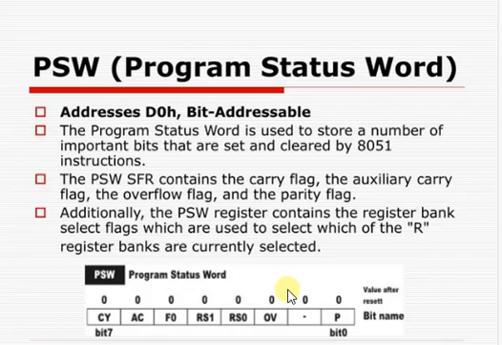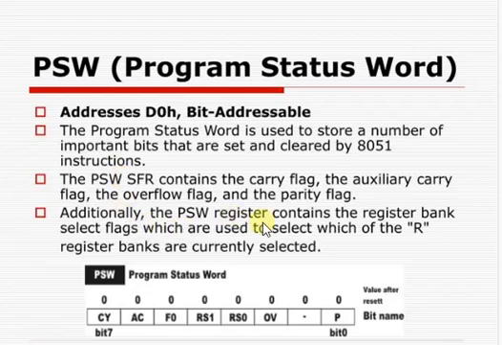Program status word. There is a program status word in 8051. The program status word is used to store a number of important bits that are set and cleared by 8051 instructions. The PSW SFR contains the carry flag, auxiliary carry flag, overflow flag and parity flag.